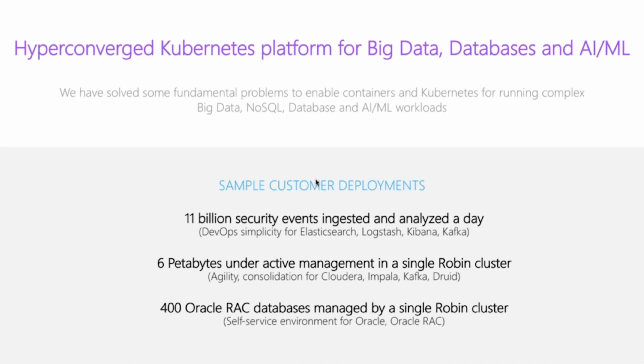One of their main objectives was to provide their end consumers of the Oracle RAC database technology with their own self-service provisioning capability, and also a lot of the ongoing lifecycle management tasks, like snapping and cloning. But we've got customers running other workloads as well, in the Hadoop space and the log analytics space.